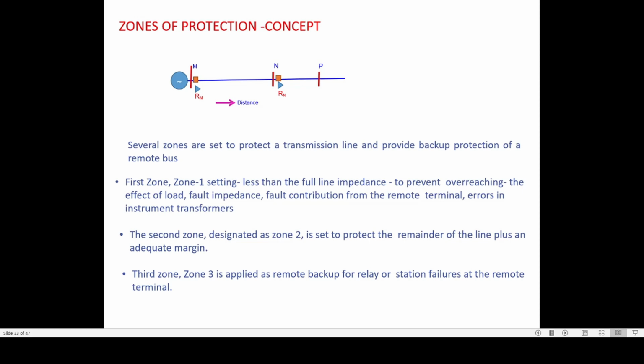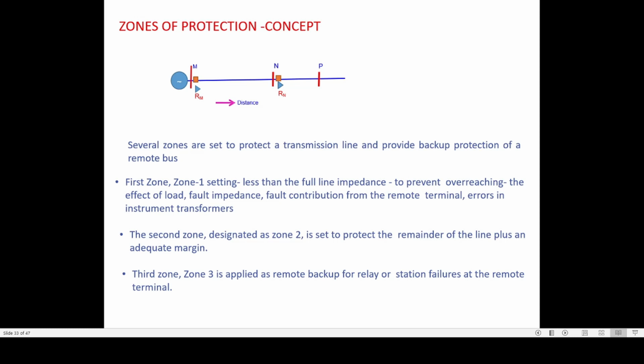So all these factors contribute to the error inside the relay itself. That means now you have three types of error: error due to the CT, error in the CVT measurement, and error in the relay processing, or relay inaccuracies and measurement error. Another type of error is in your line parameters.